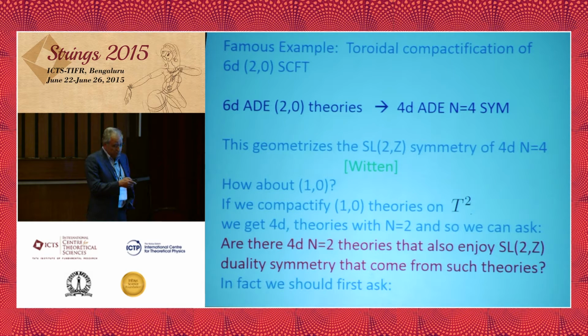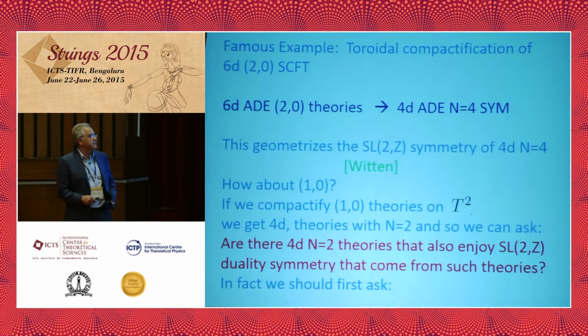So toroidal compactifications of the (2,0) theories have been more studied, of course. And in fact, we know that the 6D ADE (2,0) theories lead to 4D ADE N=4 supersymmetric Yang-Mills theories. And this actually is nice from the viewpoint of understanding the SL(2,Z) symmetry of N=4, as was pointed out by Witten, in terms of a complete theory decoupled from the rest of the gravity modes and all that.